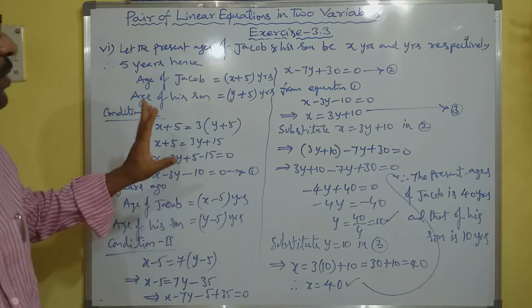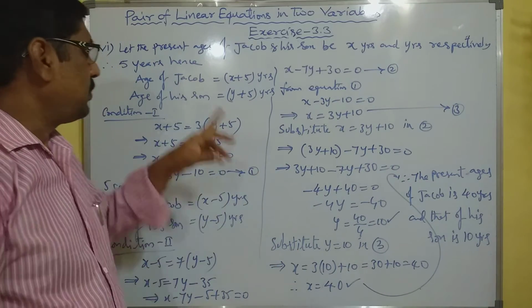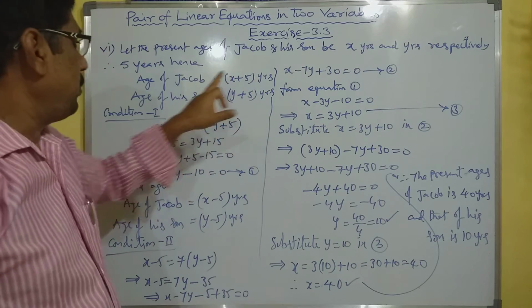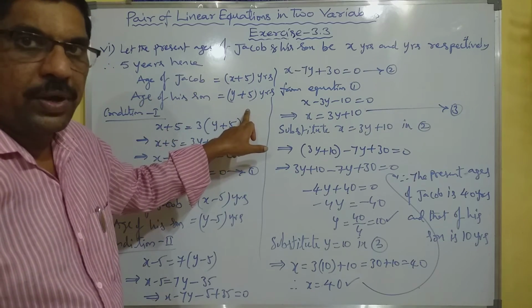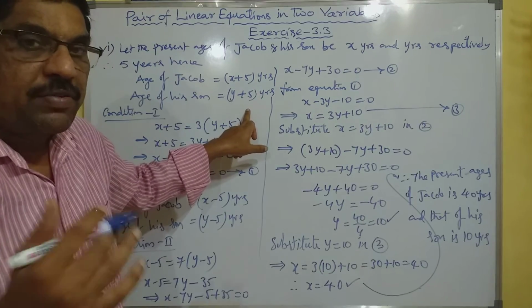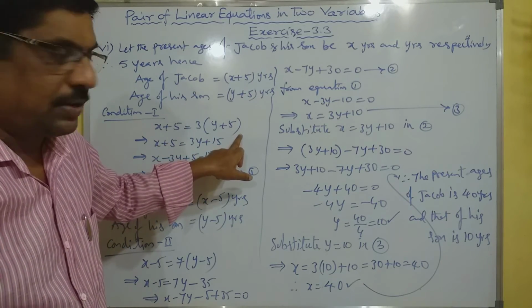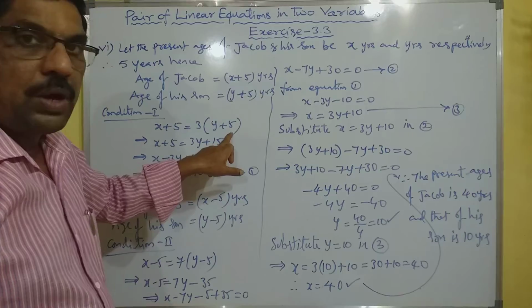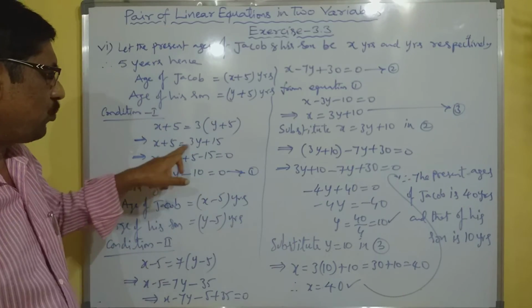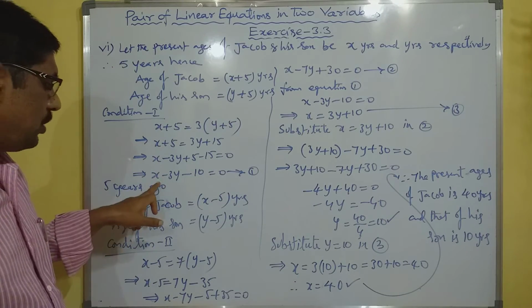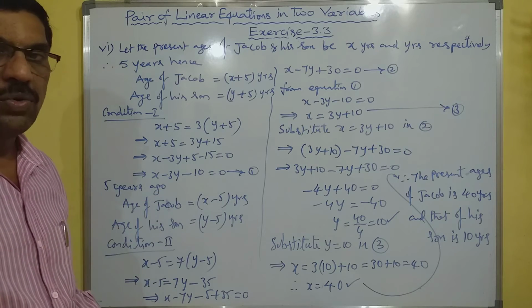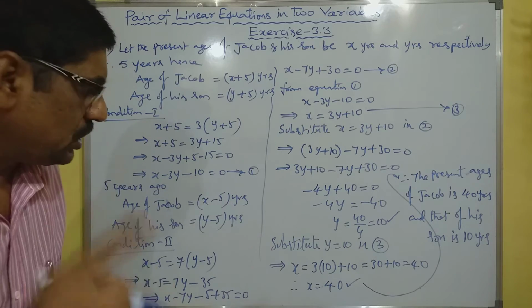Now 5 years hence means after 5 years the Jacob's age will be x plus 5 and son's age will be y plus 5. What is the relation given after 5 years? Jacob's age is 3 times the age of his son. So x plus 5 is equal to 3 into y plus 5. So we can write x plus 5 is equal to 3y plus 15. From this we get x minus 3y minus 10 is equal to 0. Let us take it as the first equation.